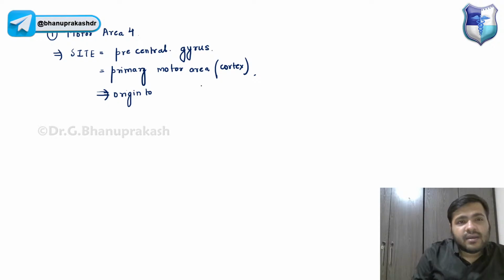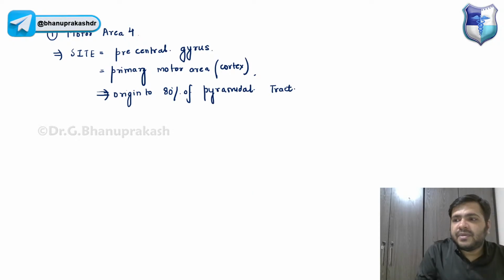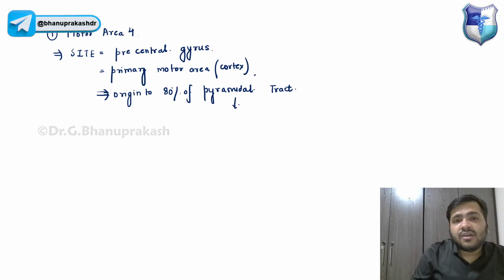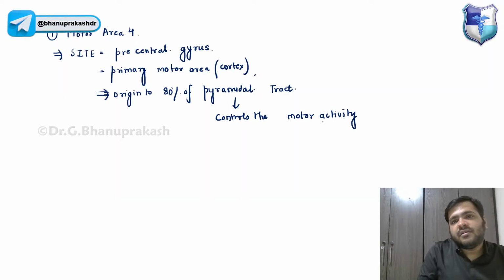Majority of the pyramidal tract, I can say like 80% of the pyramidal tract, and you already know this pyramidal tract is the one which controls the motor activity of skeletal muscles.